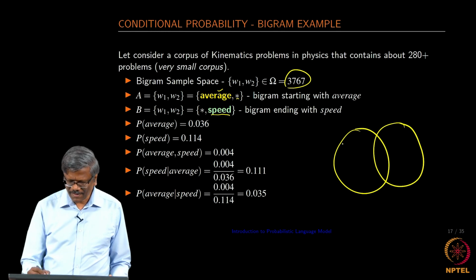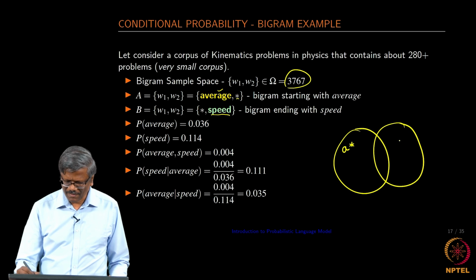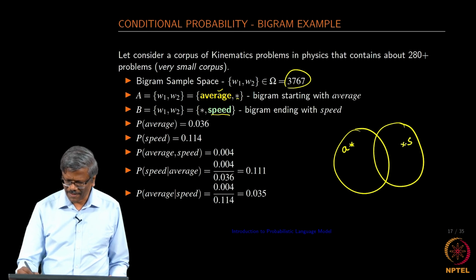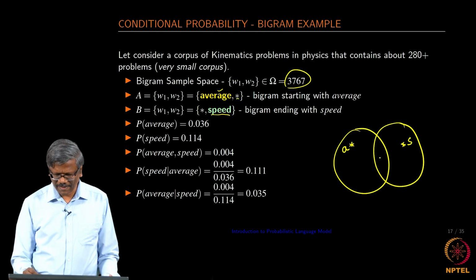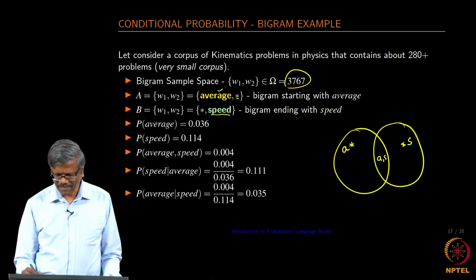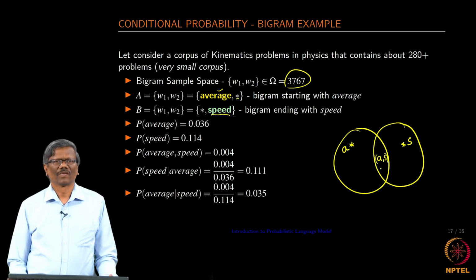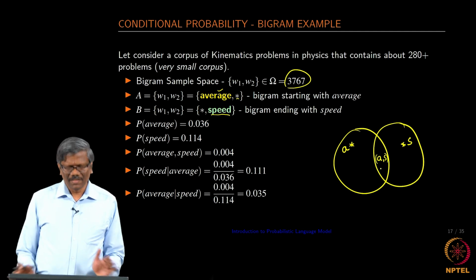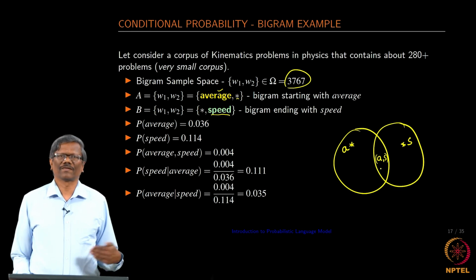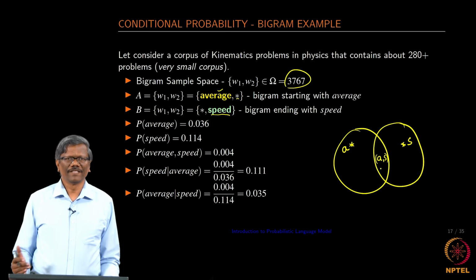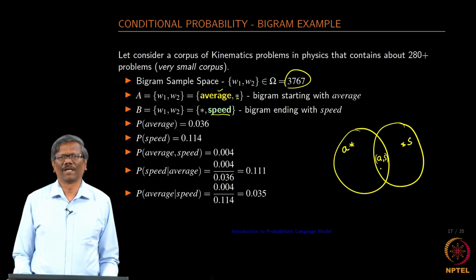In this set, let us assume that this is the average star, this is the star speed. So, there is a chance that we could get A and S here. Since it is a kinematic problem, there are situations where these two words are available together.